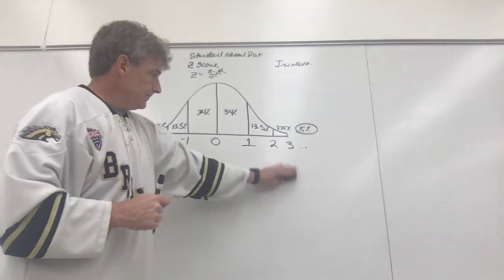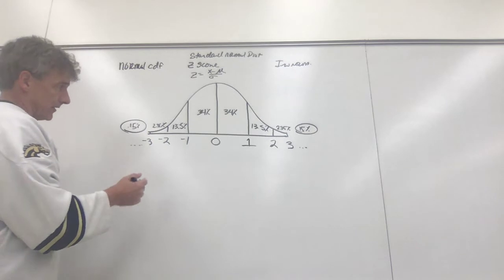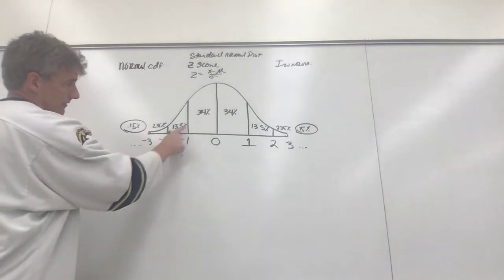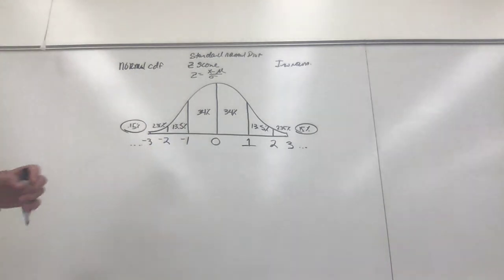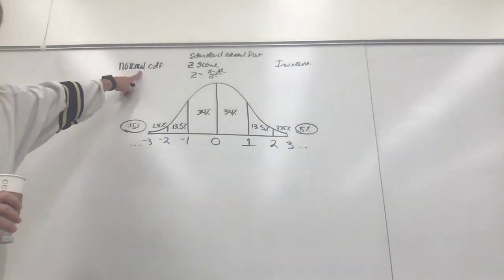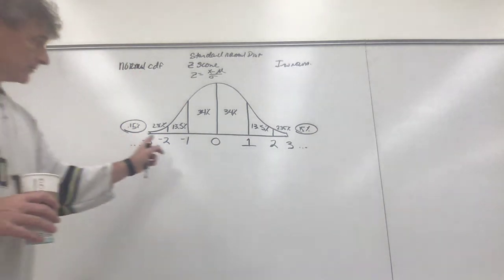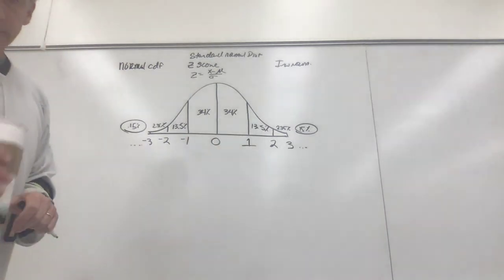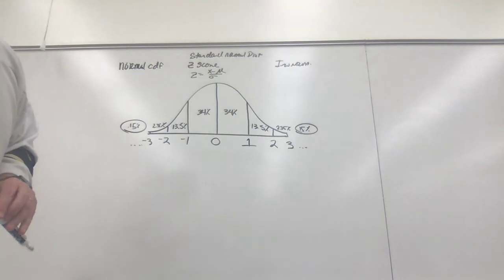Now let's build this a little bit farther and start talking about probability. The probabilities are these percentages. The normal CDF in your calculator is going to be able to get it so that we don't have to only land on the 1, 0, 2, and 3.